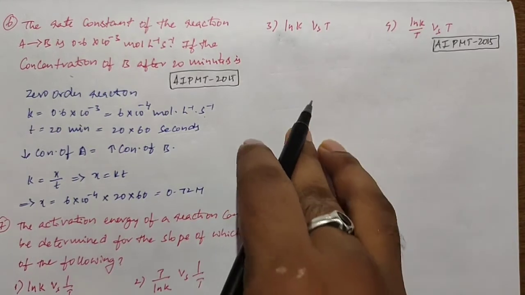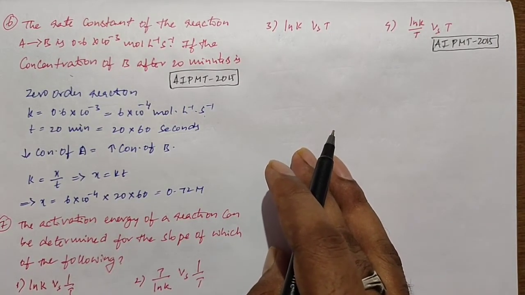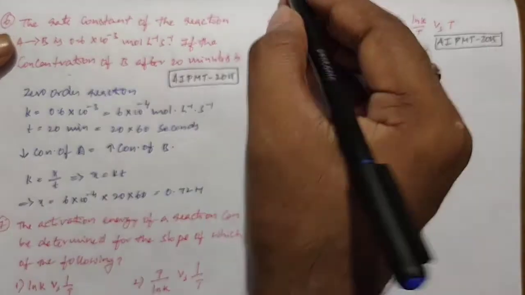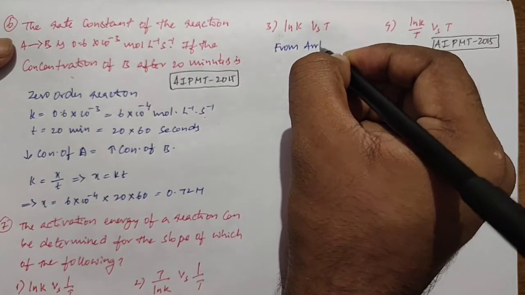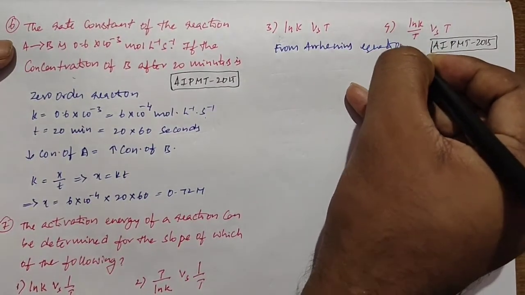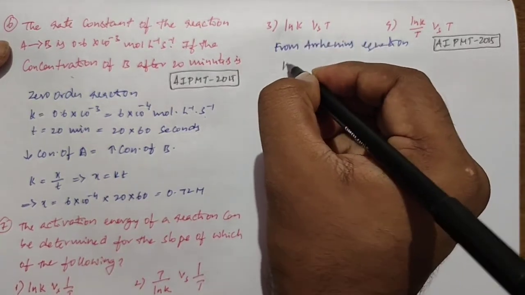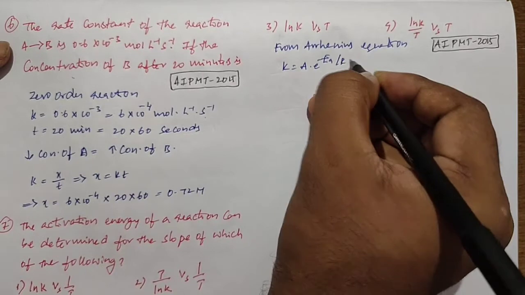To determine the activation energy, we need to use the Arrhenius equation. So what is the Arrhenius equation? k is equal to A into e power minus Ea by RT.